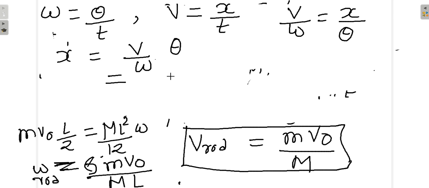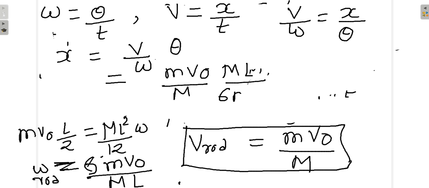What is v? v is m v0 upon capital M, upon omega, so I will reverse it, M L upon 6 m v0. And what is theta? 90 degree means it's pi by 2.